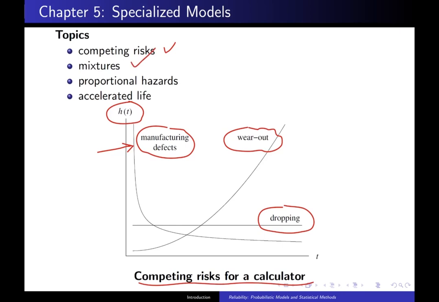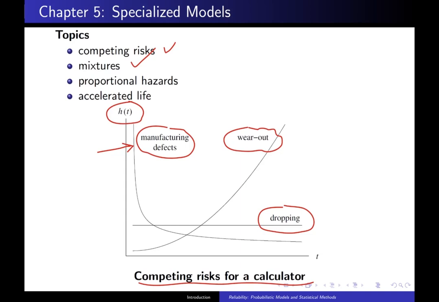The second type of model that we look at is mixtures, and this is where you have, for example, three different factories that might be manufacturing an automobile, and they have slightly different procedures at each of the three factories, which is going to mean you have slightly different reliabilities coming from each of the three factories, but they get mixed together, and so that's a mixture distribution.